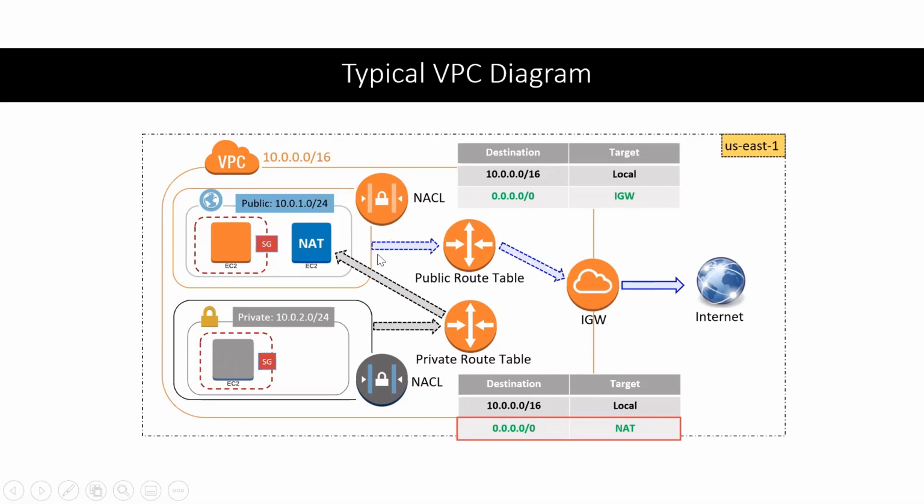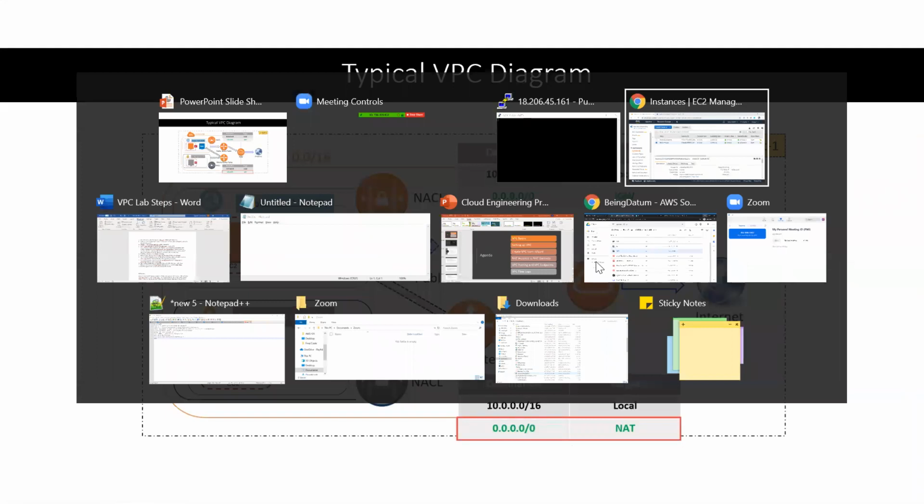Now our next task is to create the internet gateway so that we can access the internet. But before that, let's understand what an internet gateway is, which is the important topic here.